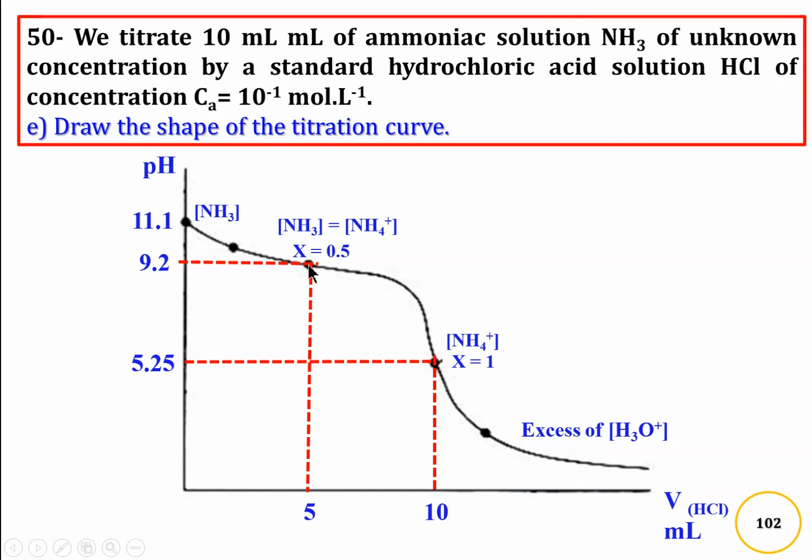At X equals 0.5, or half equivalence, which is 5 ml, the concentrations of NH3 and NH4 plus are equal. Till the V equivalence of 10, all NH3 has been transformed to NH4 plus and the pH will be acidic. Therefore, after that we will have NH4 plus and excess of HCO plus, and HCO plus is the strong acid that will determine the pH.